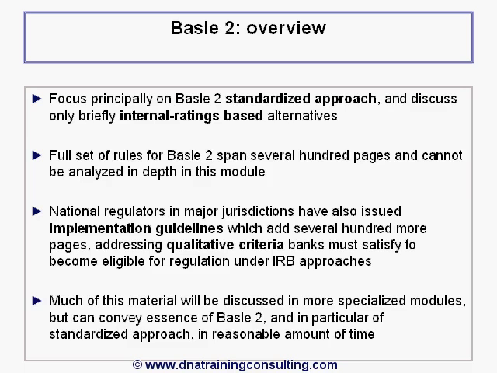Much of this material will be discussed in more specialized modules in the future, but we can convey the essence of Basel II, and in particular of the standardized approach, in a reasonable amount of time in the next few slides.